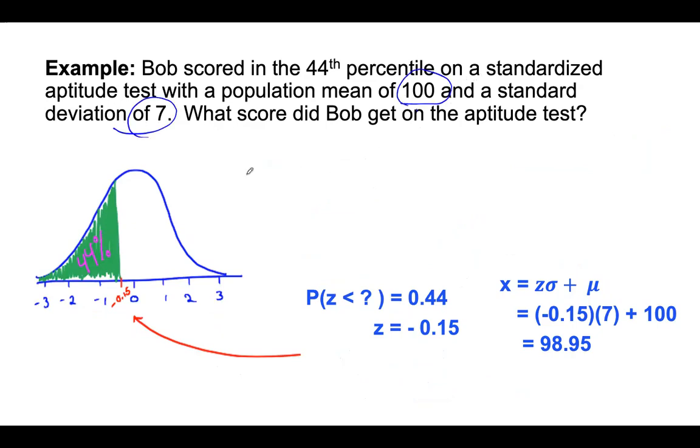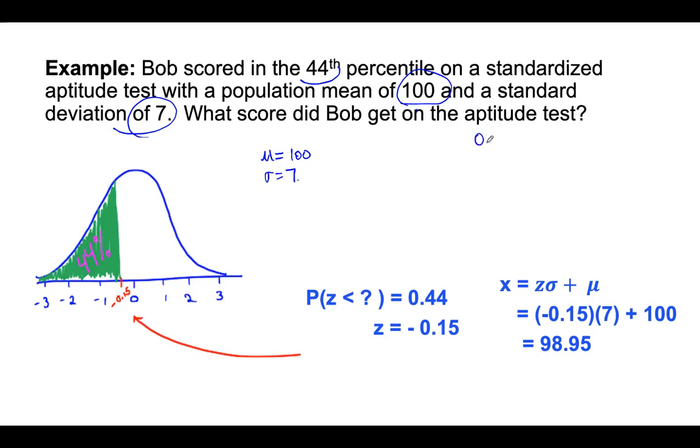So we have this mean of 100 and a standard deviation of 7. And what score did Bob get on the aptitude test? So we know the score was 44 percentile, 44th percentile.